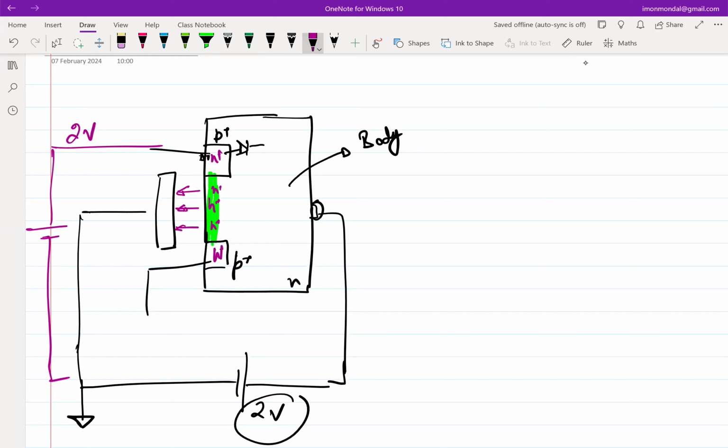Because all the electrons have been pushed away into the bulk. You have only the mobile holes, and the ionized positive impurities are present in that green zone. So essentially now we have a continuity of holes between this region and the channel.